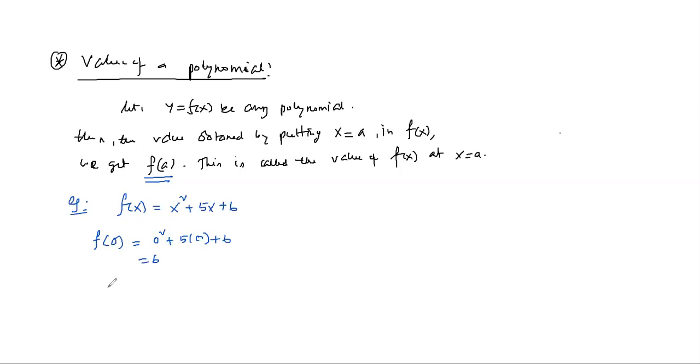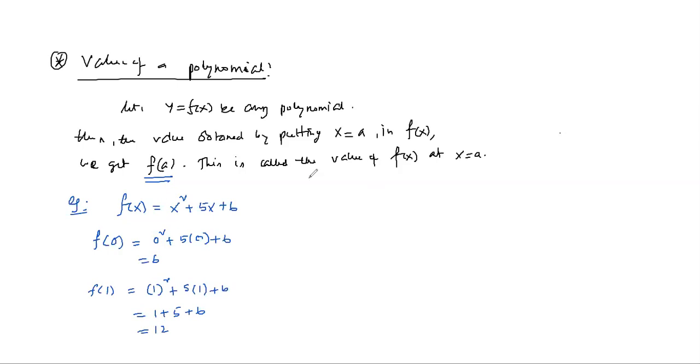If I ask you to find what is f(1), it means you have to replace x by 1. So what you get is 1 plus 5 plus 6. This is 12. So 12 is the value of the polynomial at x equal to 1.